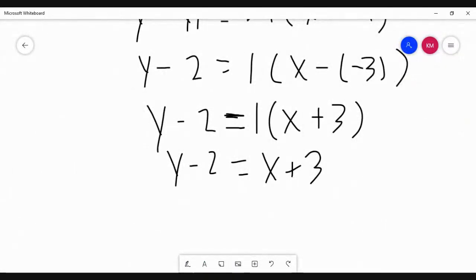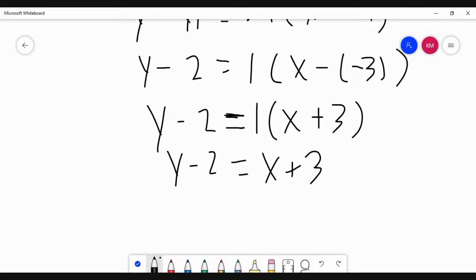Now, you can do this 2 ways. You can either move the 2 to the right, then move the x to the left, or you can move the x to the left, then the 2 to the right, or you can do both at the same time. Whichever level you are comfortable with, that is the level I would recommend you choose.